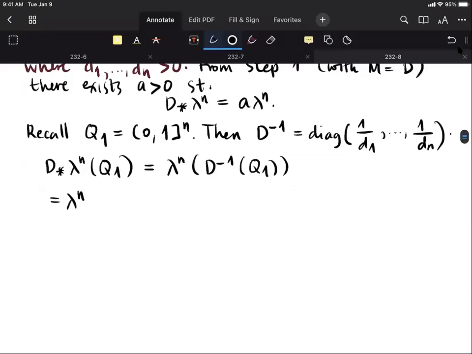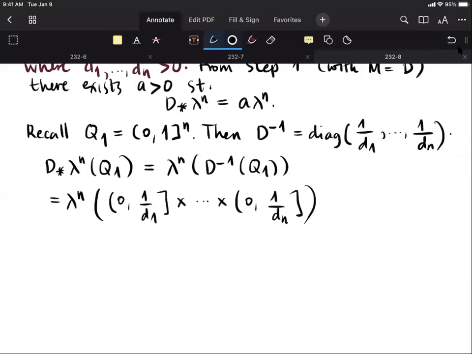So by definition, this is lambda n D inverse Q1. But the inverse of Q1 would be a cell with the following components. So this would be the Cartesian product of these cells.